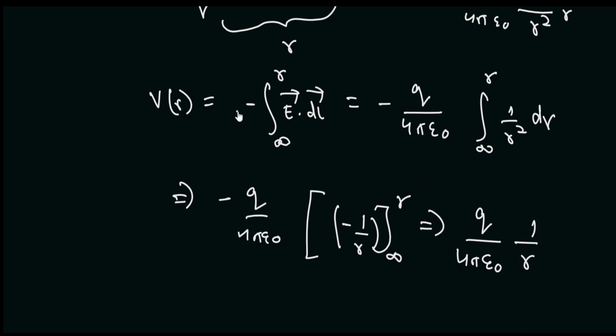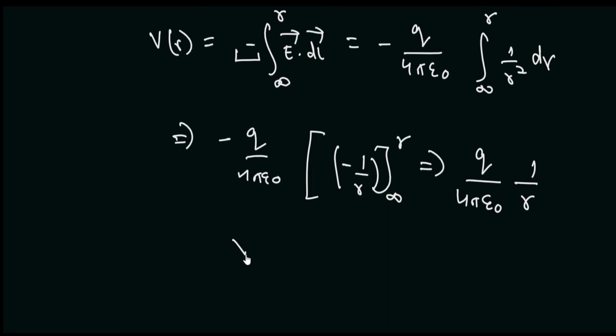Now we can see why in the definition of the potential we have a minus sign. It is to make the potential of a positive point charge positive. If we had a negative charge, then the potential would have been negative, but since we had a positive charge, the potential due to a point charge at the origin is positive, which will be equal to q divided by 4 pi epsilon naught r.